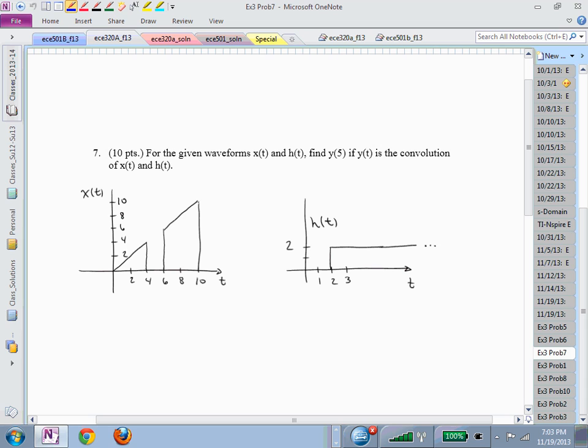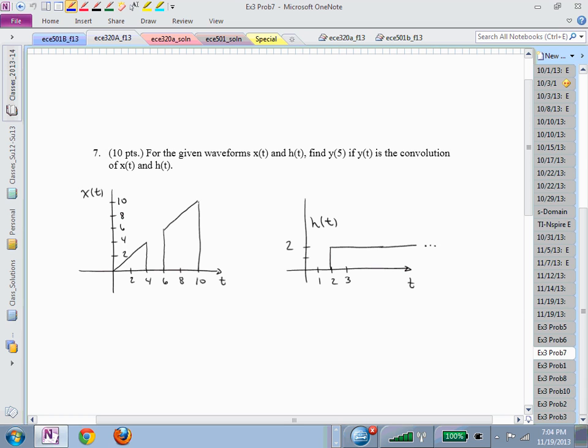And I want just one value. I want to know what's the output at time t equal 5. And it's not necessarily instantly obvious, right? It's not a pull a number and see it. You now need to flip and slide and figure out what's going to happen when t is equal to 5. If I give you this problem, which of these signals are you going to flip and slide?